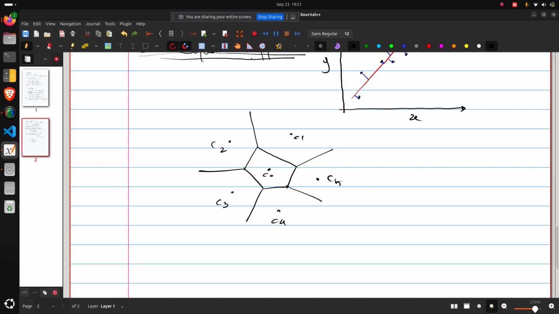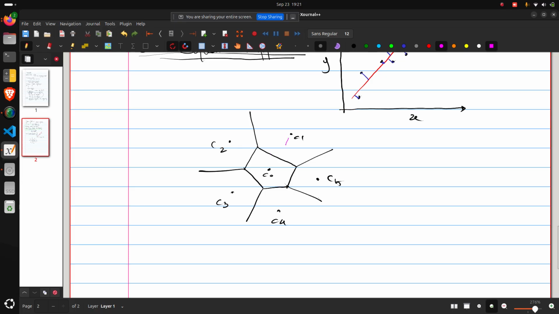From the cell center C0, we can draw vectors pointing towards the cell centers of the neighboring cells.